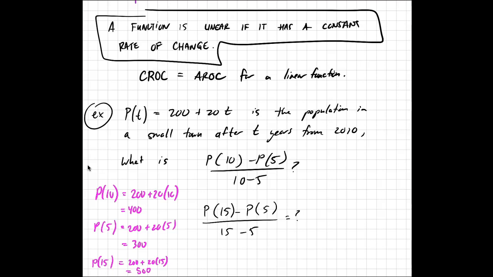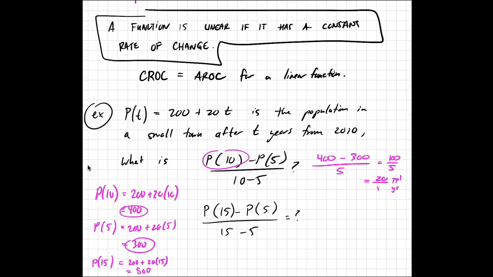And so we can substitute these in here. P of 10, 400, minus P of 5, which we said was 300, over 10 minus 5, which is 5. That's 100 over 5, which is 20 over 1. It's the average rate of change. Again, this is 20 people per year.